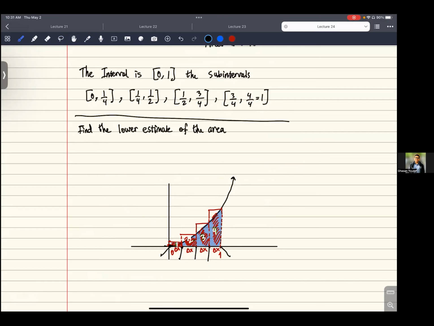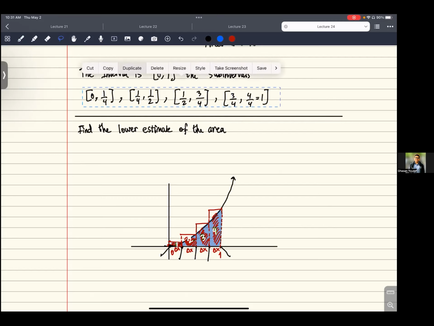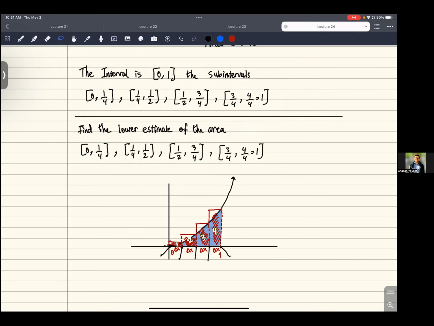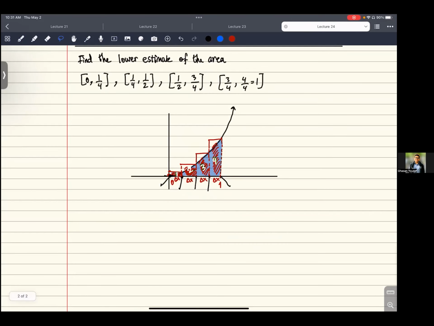So the lower estimate, like I said before, we have intervals. Here are the same intervals, I use this interval, subinterval, I'm sorry. So here's the subinterval. Now we're going to use different highs. The high will be completely different, not like this.